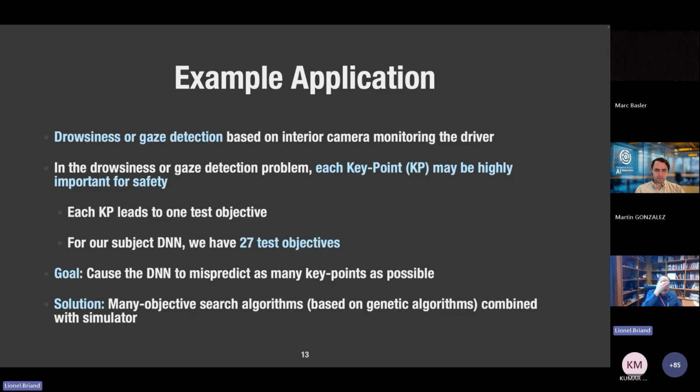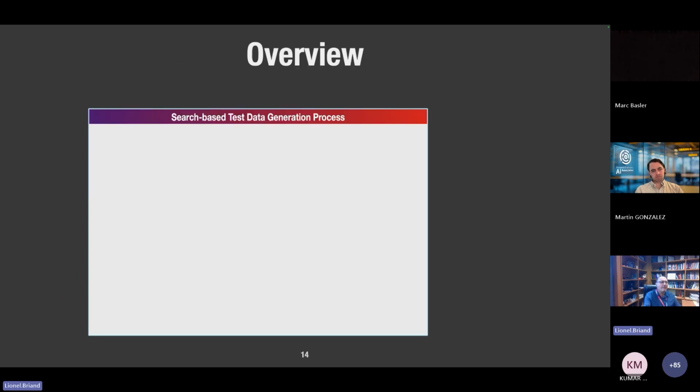Without getting into details, I'm just providing an overview. We used some algorithms from evolutionary computing called many-objective search algorithms that are based on genetic algorithms combined with a simulator. At a high level, you have an input generator, which is based on that search algorithm.